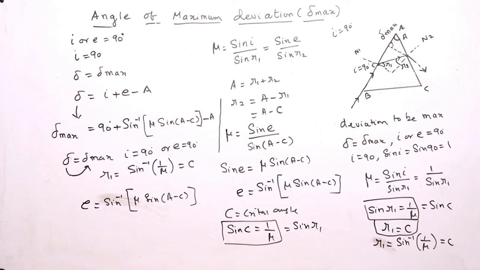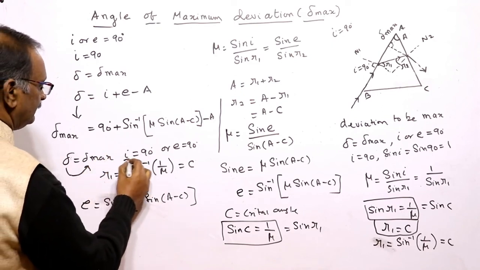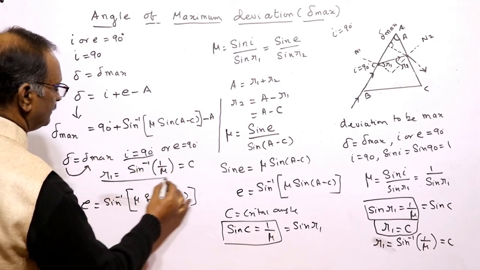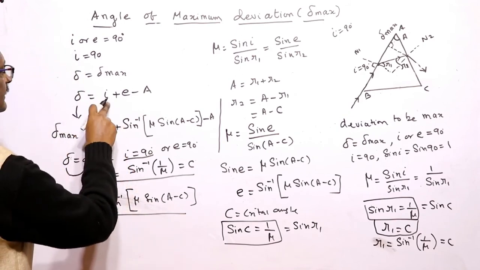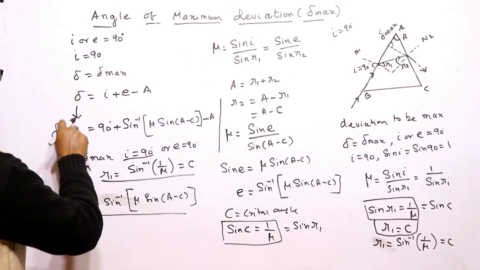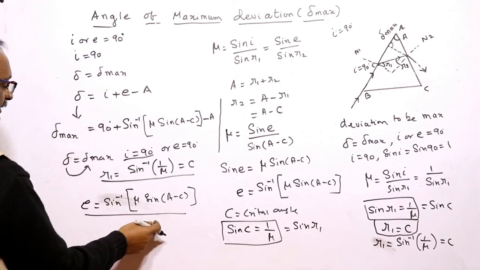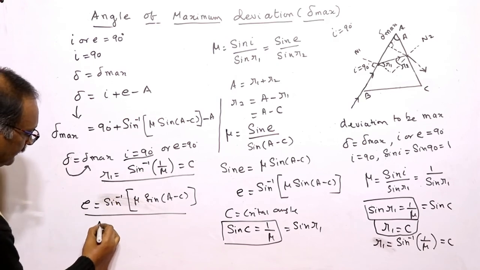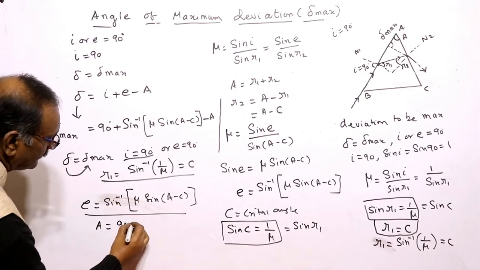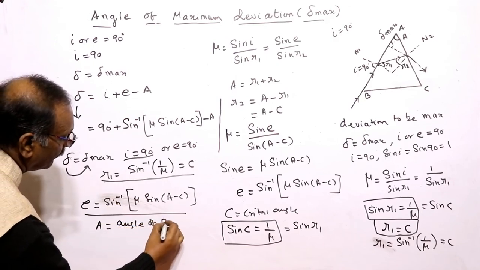So I should be 90 degrees first, R1 should be this much, and E should be this much. Put it in the expression: rho is equal to rho max, I is equal to 90 degrees, E is equal to this value, and A is the angle of the prism.